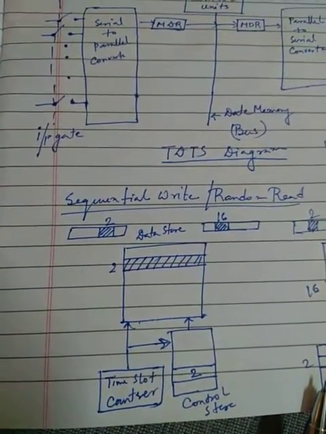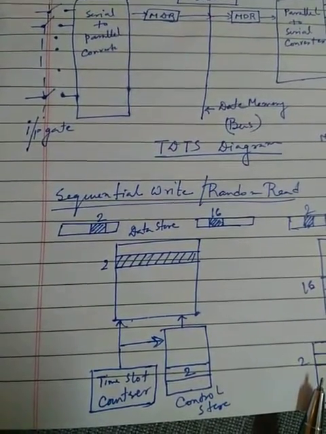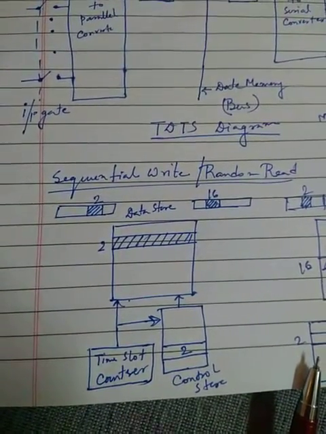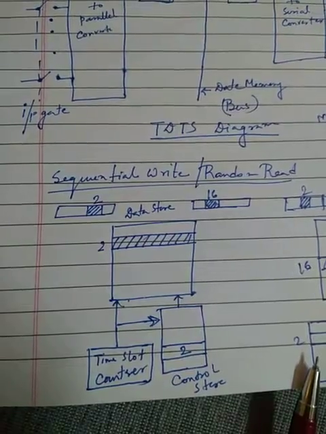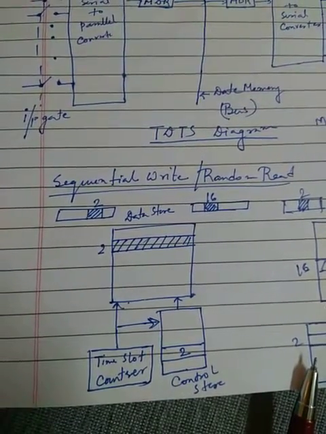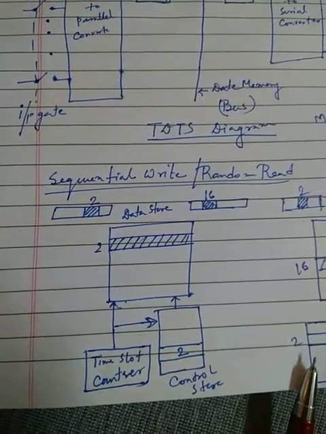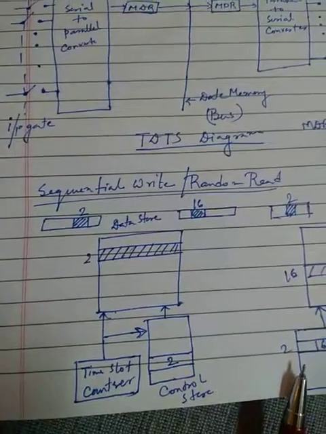Data are stored in sequential locations in memory by incrementing a modulo n counter with every time slot. Thus, incoming data during time slot 2 is stored in the second location within the memory. On output, information retrieved from the control store specifies which address is to be accessed for that particular time slot.